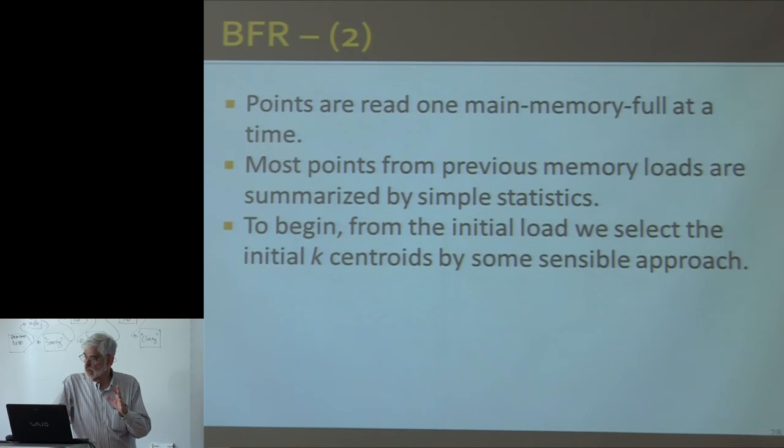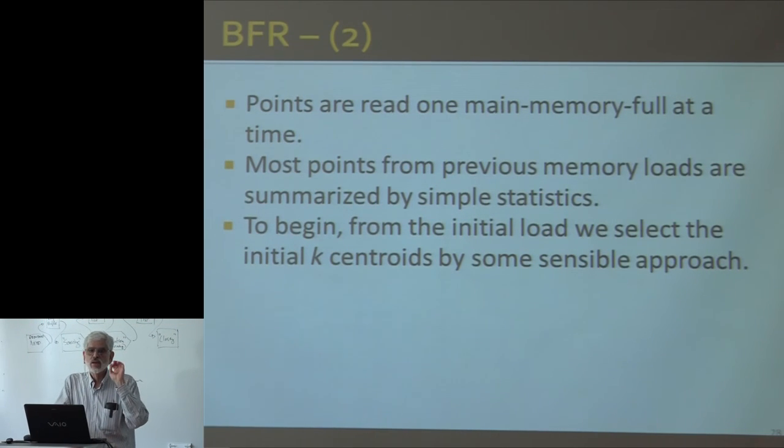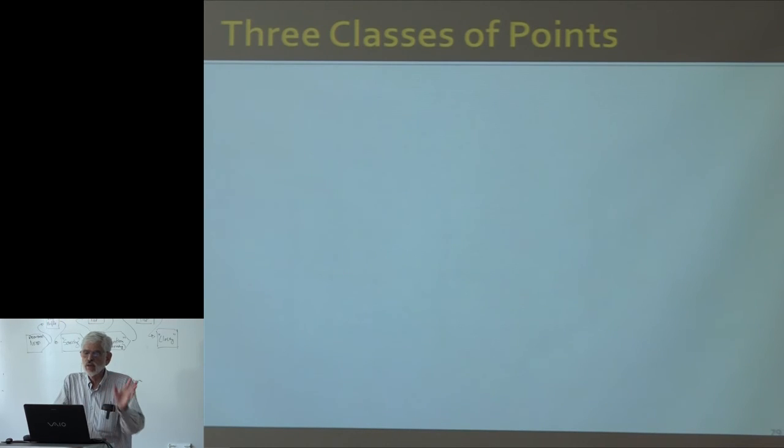I'll tell you how that works. You start off, again, assuming you know K, by finding initial centroids, one for each of the clusters. How you do that, I'm not going to go into.